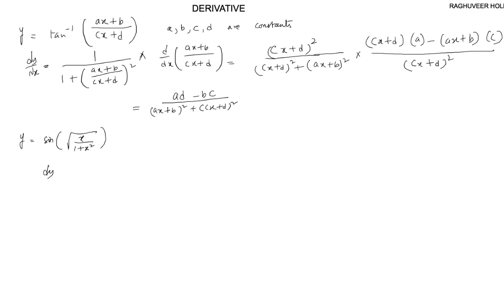Okay, so dy by dx would be sine becomes cos, and this will be square root of x by (1 + x square), right? And d by dx of square root of x by (1 + x square).